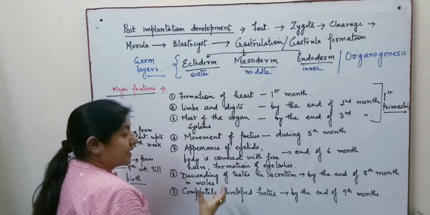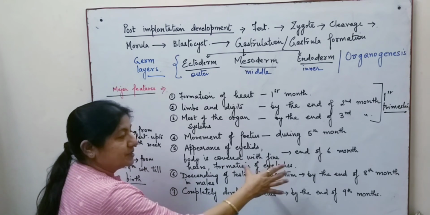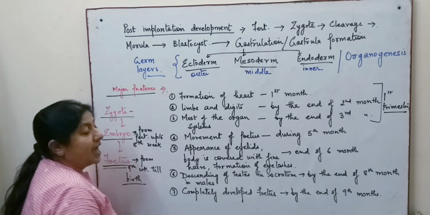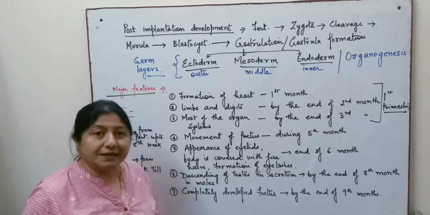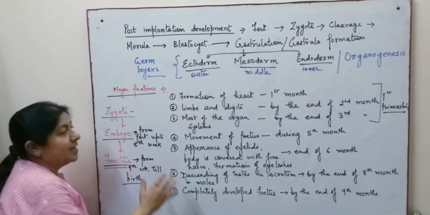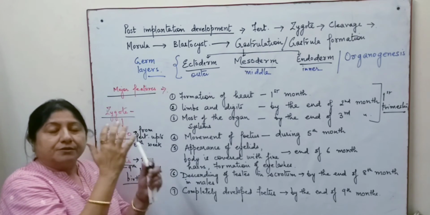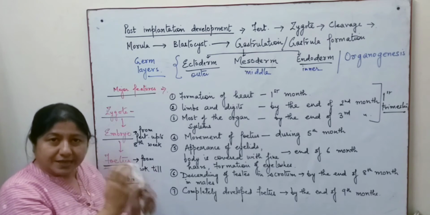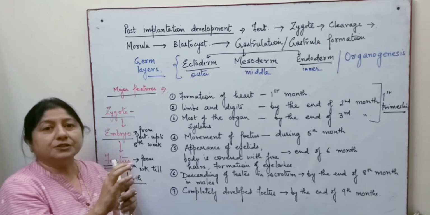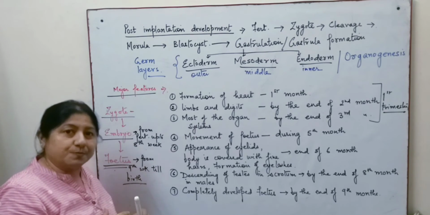Then in the case of males, the descending of the testis into the scrotum happens by the end of the 8th month, and the fetus develops completely by the end of 9 months. So here we see that as the zygote is formed, it is pushed through the fallopian tube and lands in the uterus where the implantation takes place.